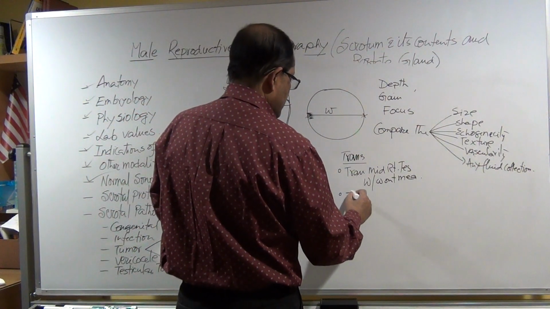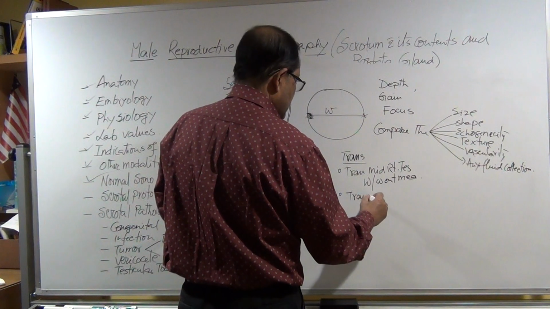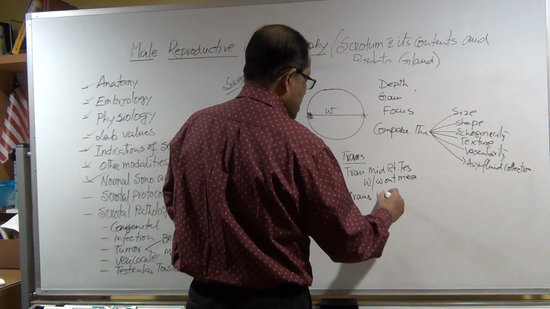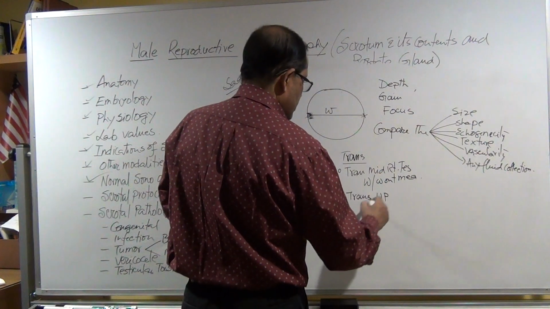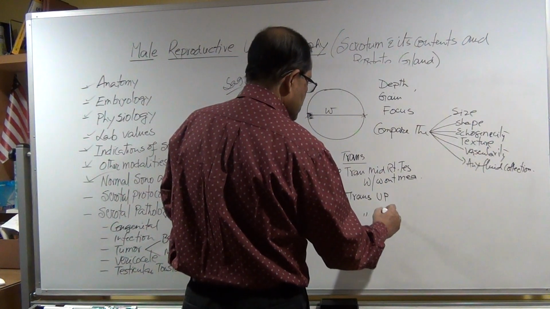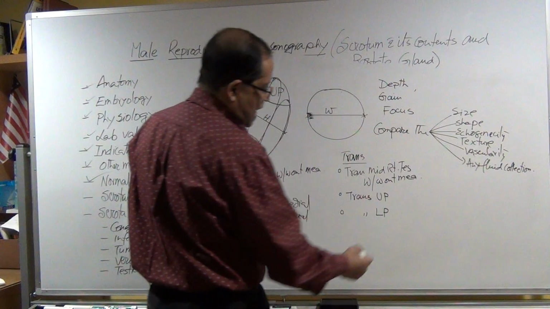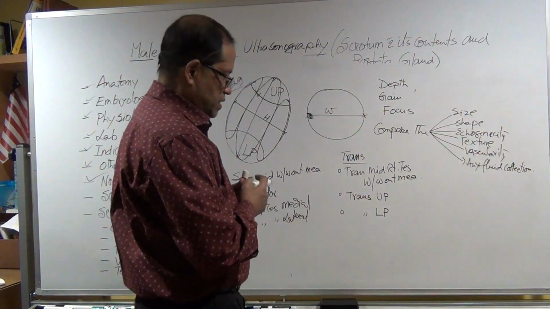Then trans upper pole, trans lower pole. If it's the right testis, you're going to write down right testis.